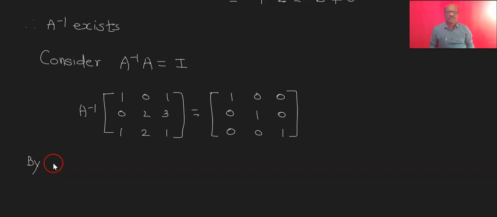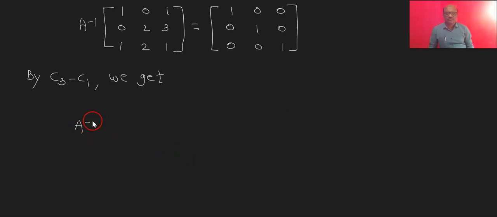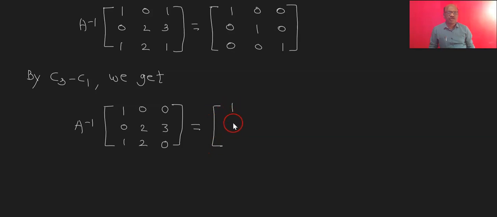Therefore, by the column transformation C3 minus C1, we get A inverse into 1 0 1, 0 2 2, C3 minus C1 will be 0, next is 3, 0, is equal to the first two columns as they are, next is 0 1 0, 0 0 1.